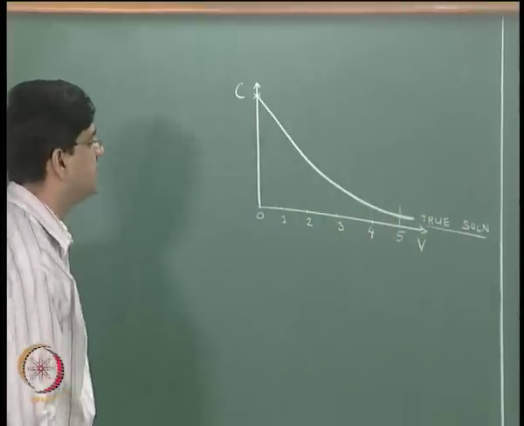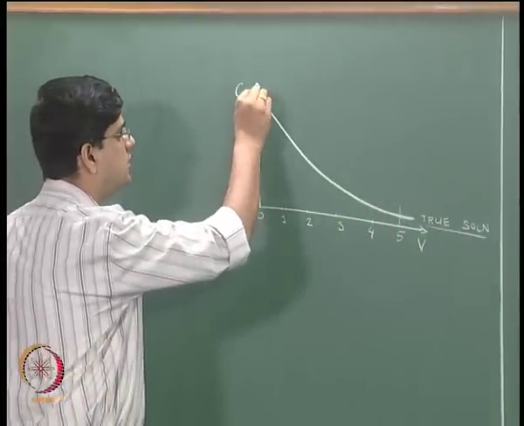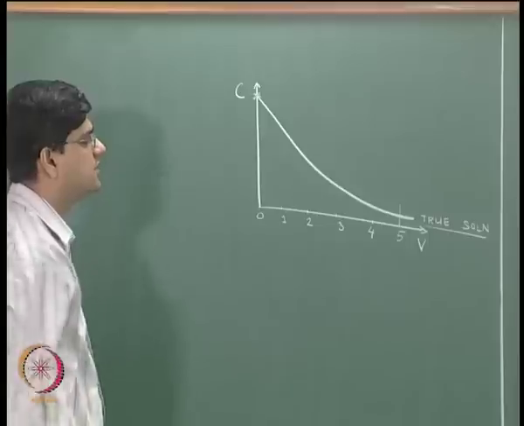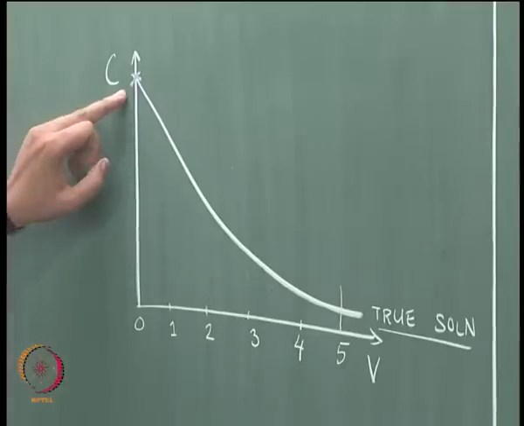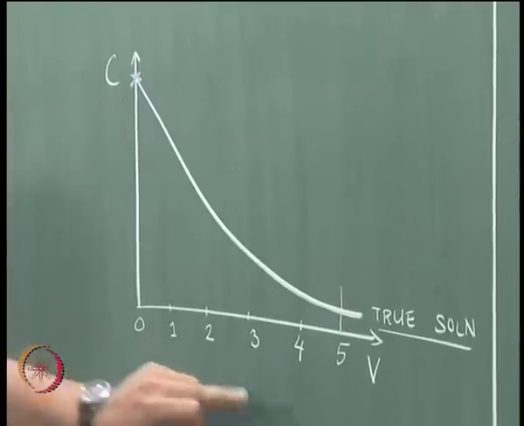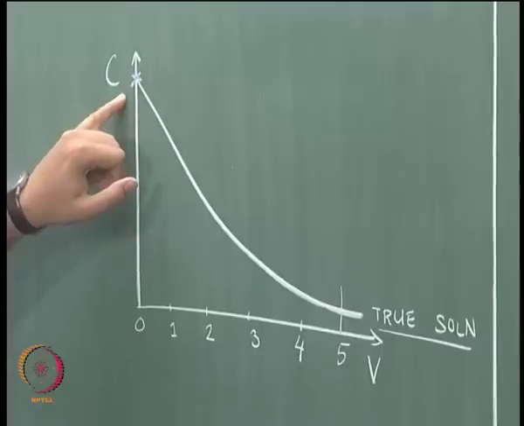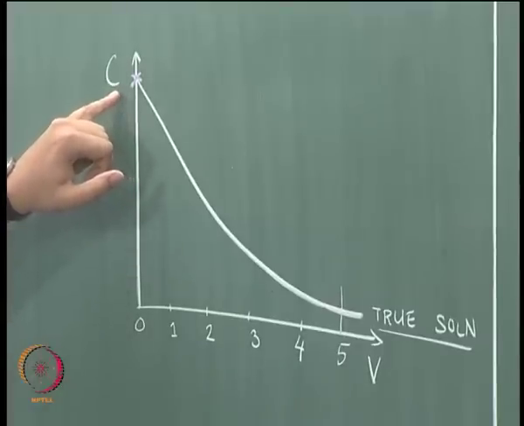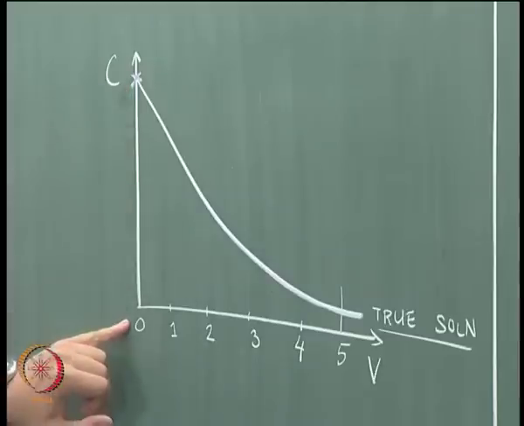Now let us say that we use a numerical method, an RK4 type of numerical method, in order to compute the same values at 0, 1, 2, 3, 4 and 5. Now we are starting off again at the same concentration C equal to 1 at volume V equal to 0, okay.